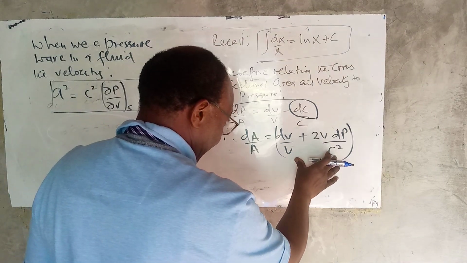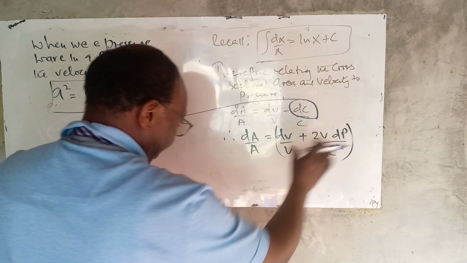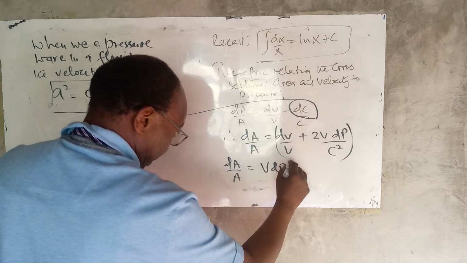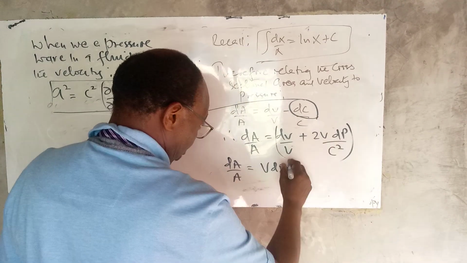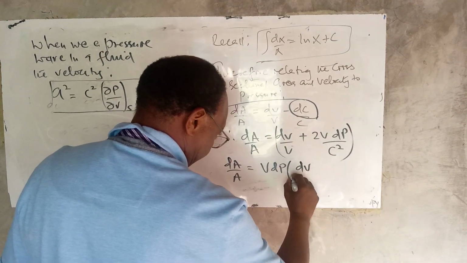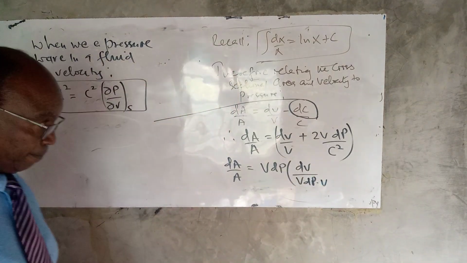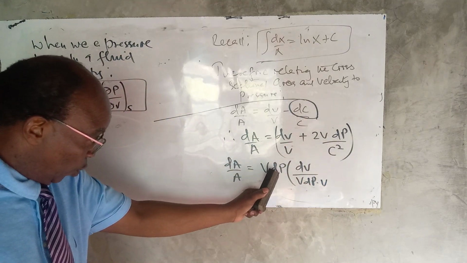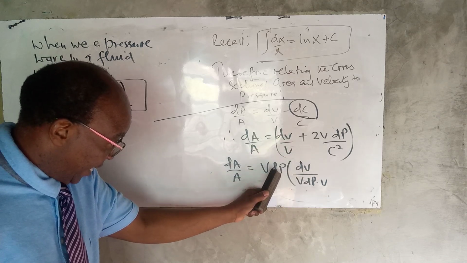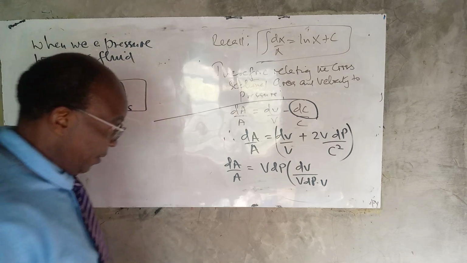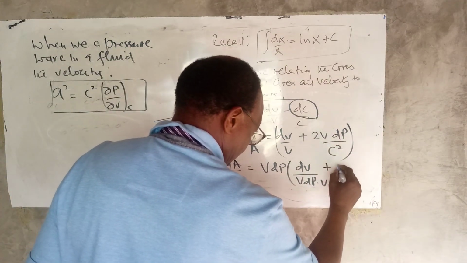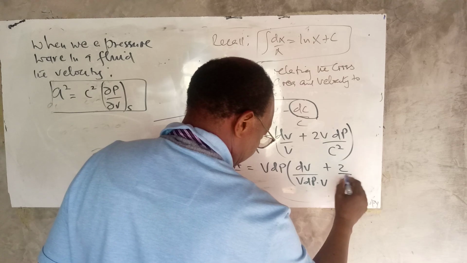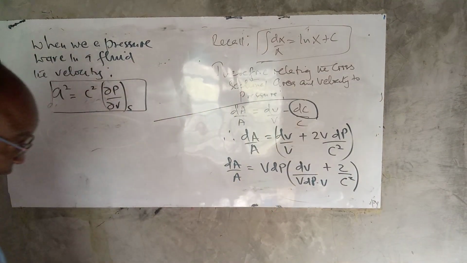So if we look at our system here, we can rearrange this and make dA over A equal to, if we factor out V dP, dV over V dP times V. Having factored out V dP, we have to divide by V dP, so that when you multiply back you still have your dV over V, plus 2 over C squared.